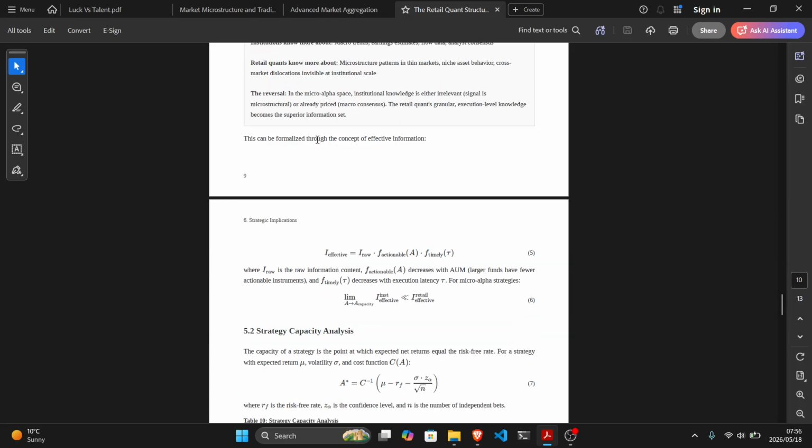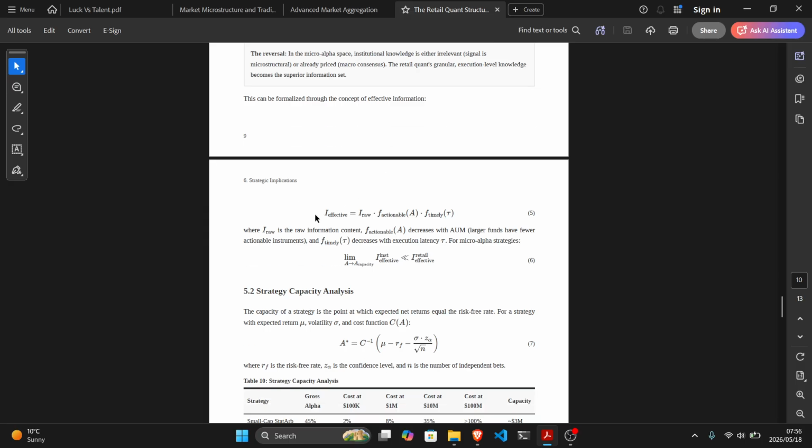This can be formalized through the concept of effective information. I sub effective equals I sub raw times F sub actionable of A times F sub timely of tau, where I sub raw is the raw information content, F sub actionable of A decreases with assets under management, since larger funds have fewer actionable instruments, and F sub timely of tau decreases with execution latency tau.